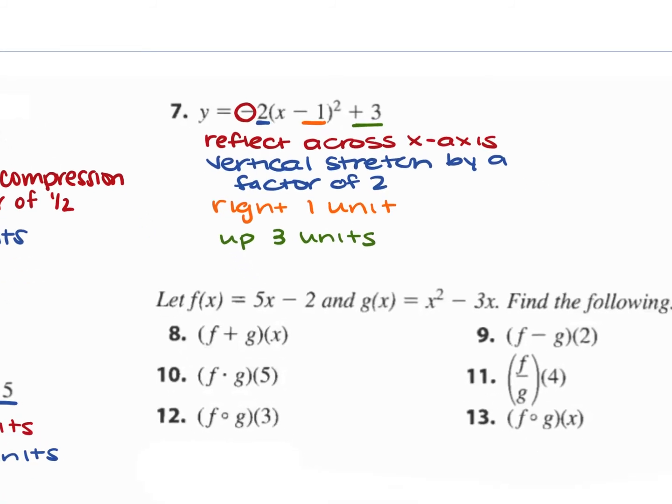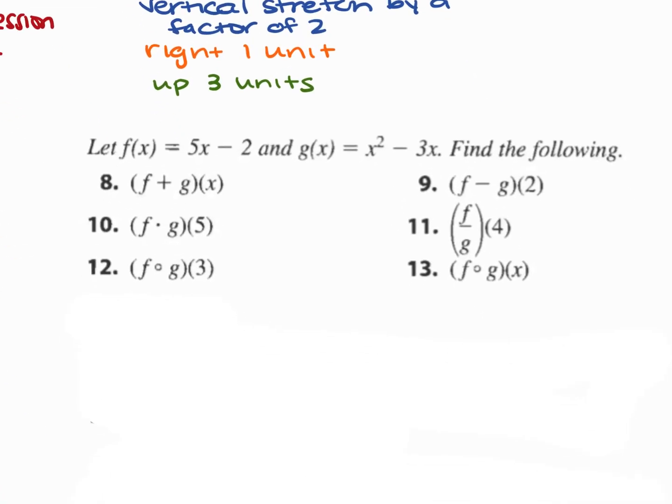The next part of your review comes from 9.3, and it's just working with these operations of functions. So we're going to let f of x be 5x minus 2, and g of x is going to be x squared minus 3x. For example 8, we are doing f plus g of x.